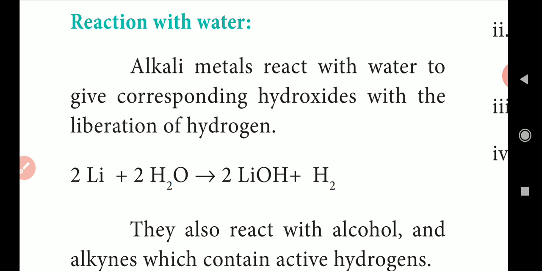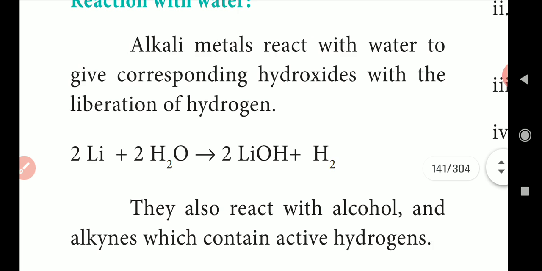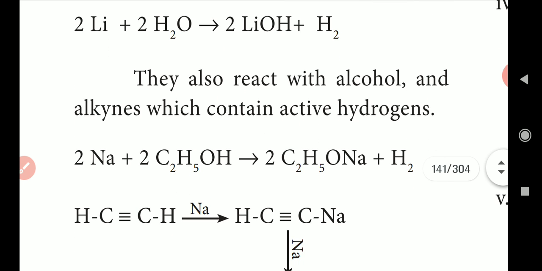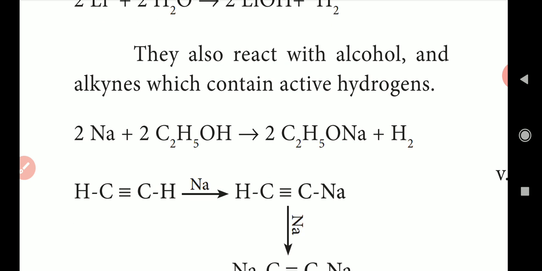They also react with alcohols and alkynes which contain active hydrogens. In a similar manner to how metals react with water and liberate hydrogen, metals also react with alcohols and acetylenes and liberate hydrogen.